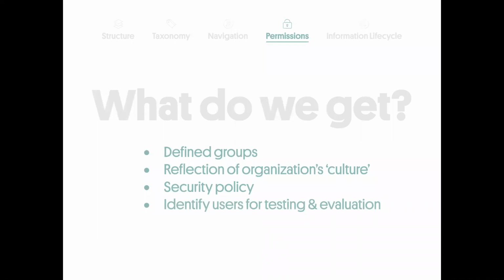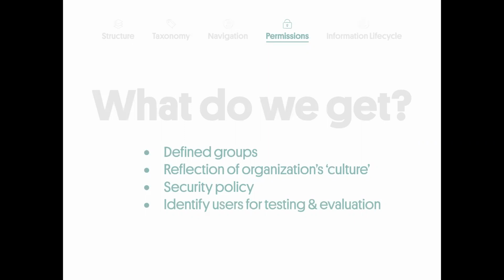Another interesting thing about thinking about these permissions and groups and defining the groups up front is that you're also identifying users, both for your iterative cycles of feedback, but also for future evaluation, because the smart organizations know that after rollout, 6 months, a year, 18 months after launch, you want to go back to those visitors and ask, are we meeting your goals?